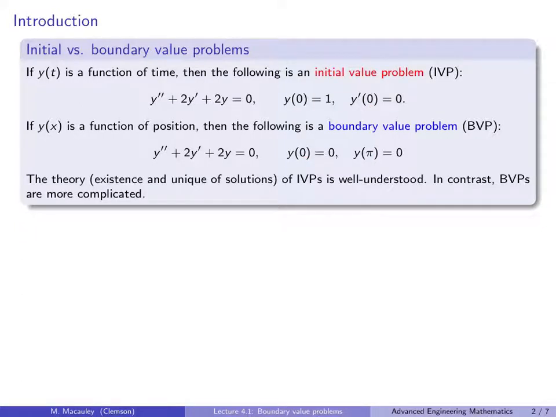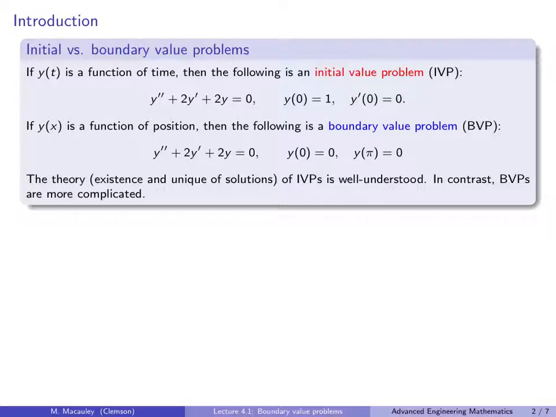The theory, namely the existence and uniqueness of solutions of initial value problems, is well understood, and you know some of it. So you know that if you have a linear homogeneous ODE of order n, then the general solution is a vector space of dimension n. And moreover, if you have n initial conditions like this, then you get a unique solution, so one and only one.